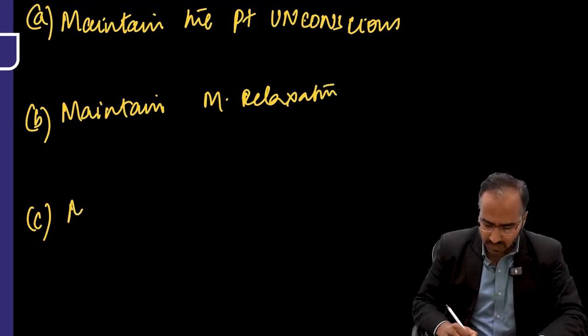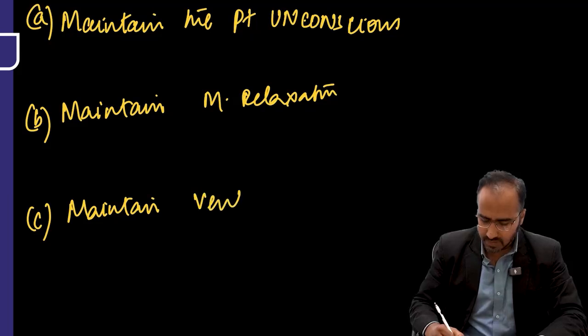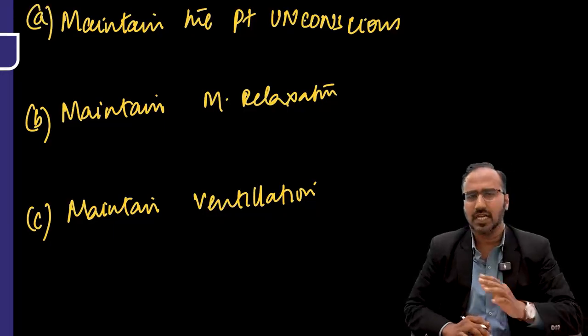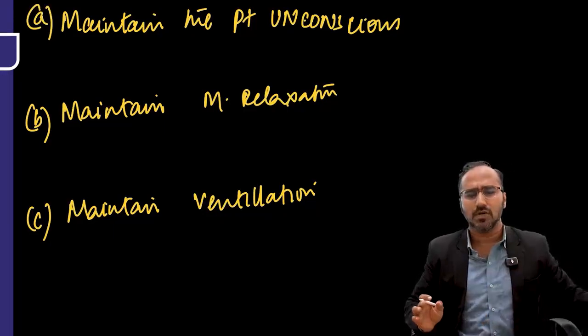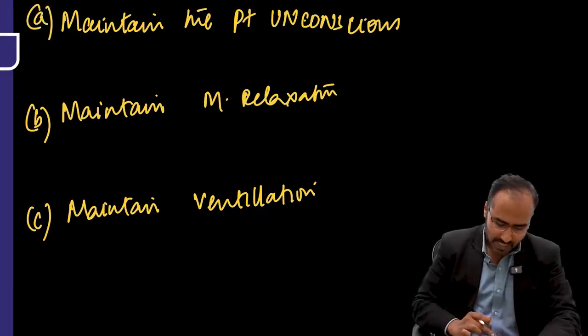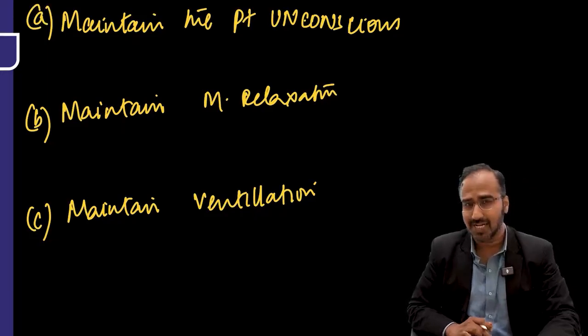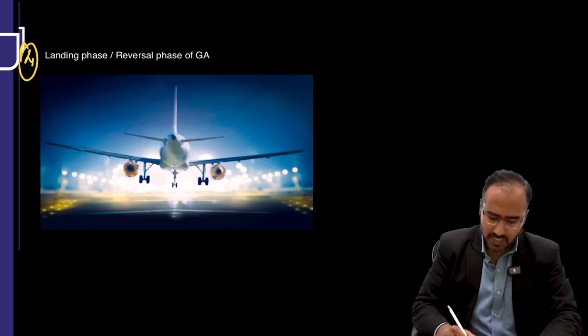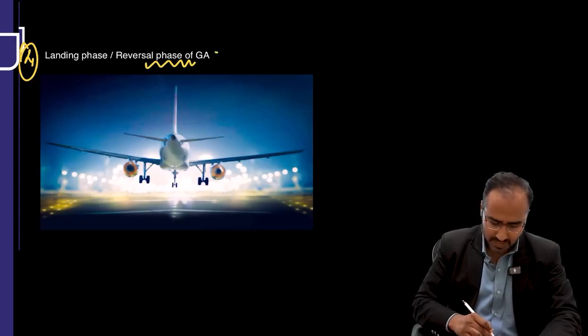And the last aim is maintain the ventilation. Once the maintenance phase is done, everything is done. Now you are happy, surgery is done. Now the last phase, now the flight is totally done. The last phase is the landing phase or the reversal phase of general anesthesia.